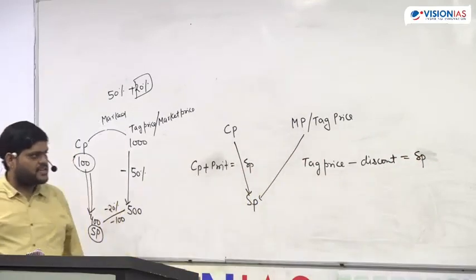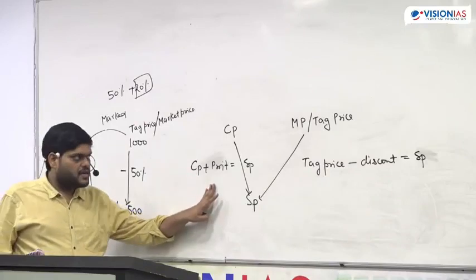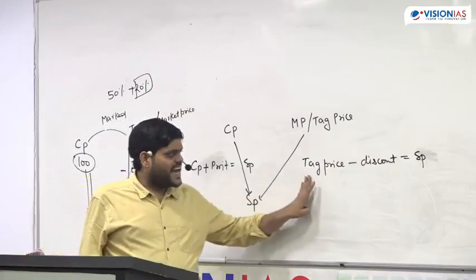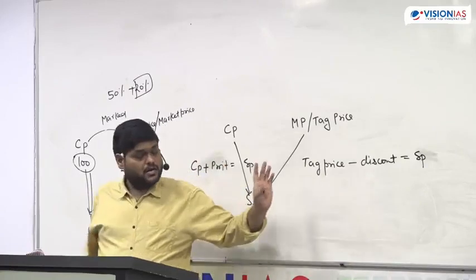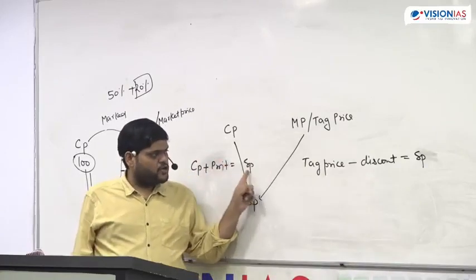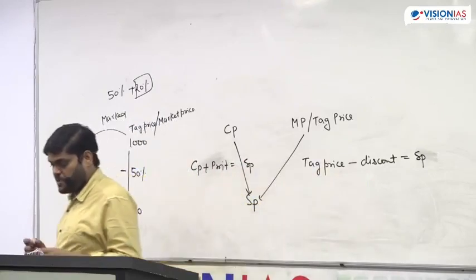Can we say this thing or not? CP plus profit is equal to SP, tag price minus discount is equal to SP.